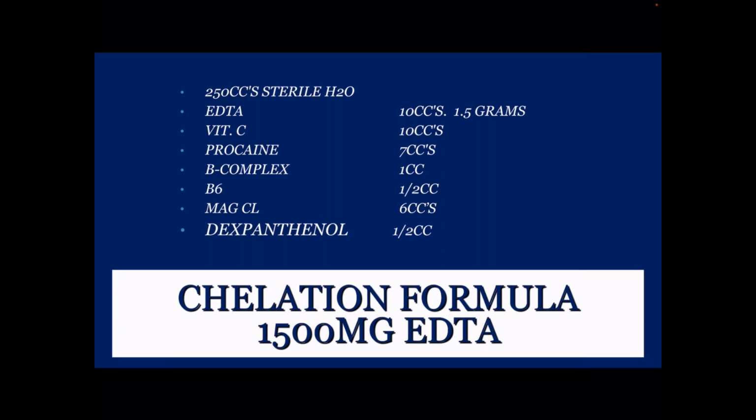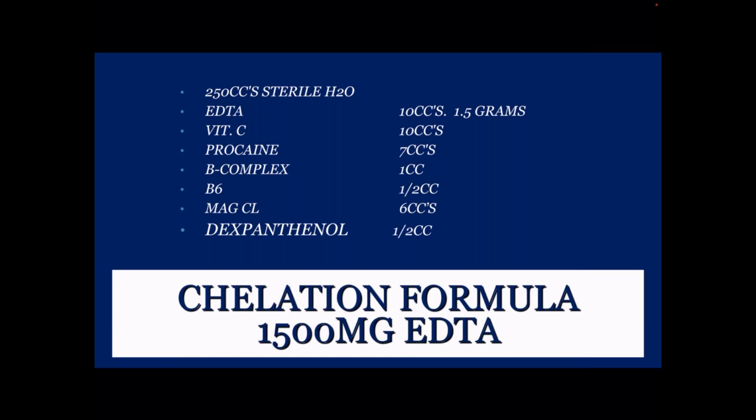1 cc of B complex, pyridoxine B6, a half a cc, and the mag chloride, for the reason discussed before, the vasodilatory. 6 cc mag chloride comes as 200 milligrams per cc. So this is basically 1,200 milligrams of magnesium chloride. Notice there is no calcium in this formula for good reason.